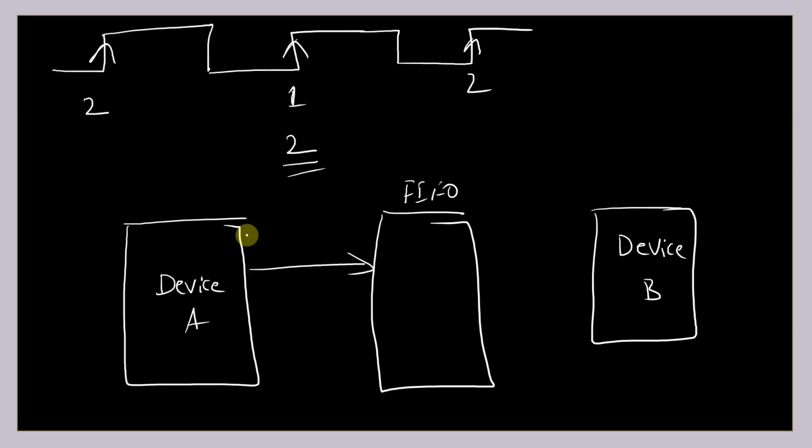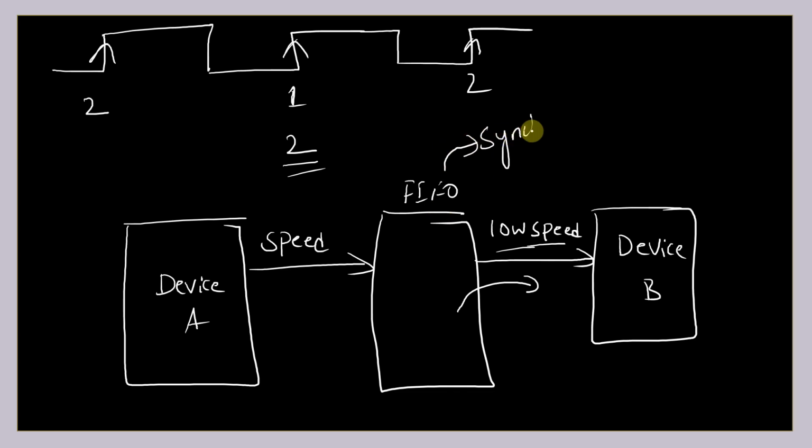So if device A is writing at very high speed and device B is reading at very low speed, then FIFO is going to temporarily store the data, and device B is going to fetch this data from the FIFO at its own speed, and device A is going to write the data into this FIFO. We have discussed a number of times on our channel what we mean by FIFO. And the FIFO which we are going to use over here is a synchronous FIFO.